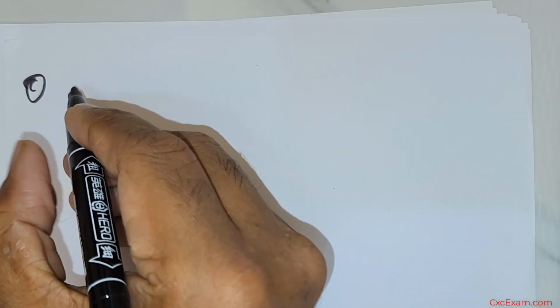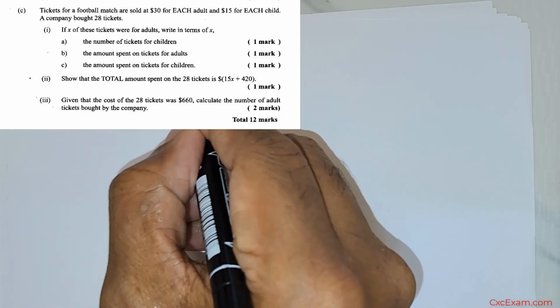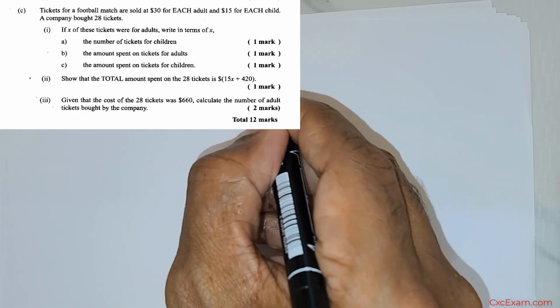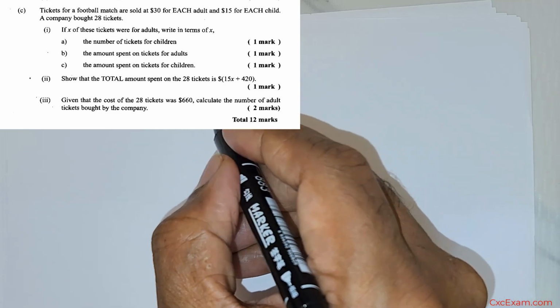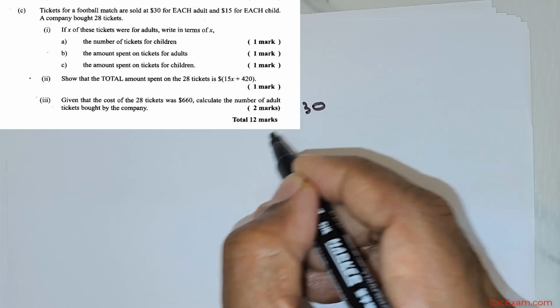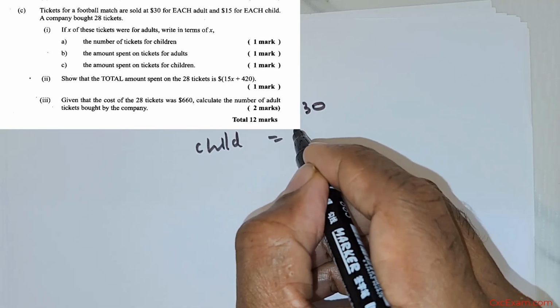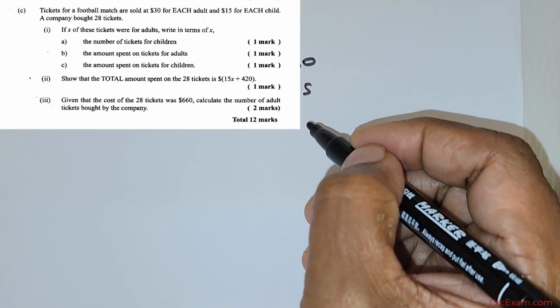So this is next question. You have tickets for football. What does it state? An adult ticket is $30, and a child ticket is $15.